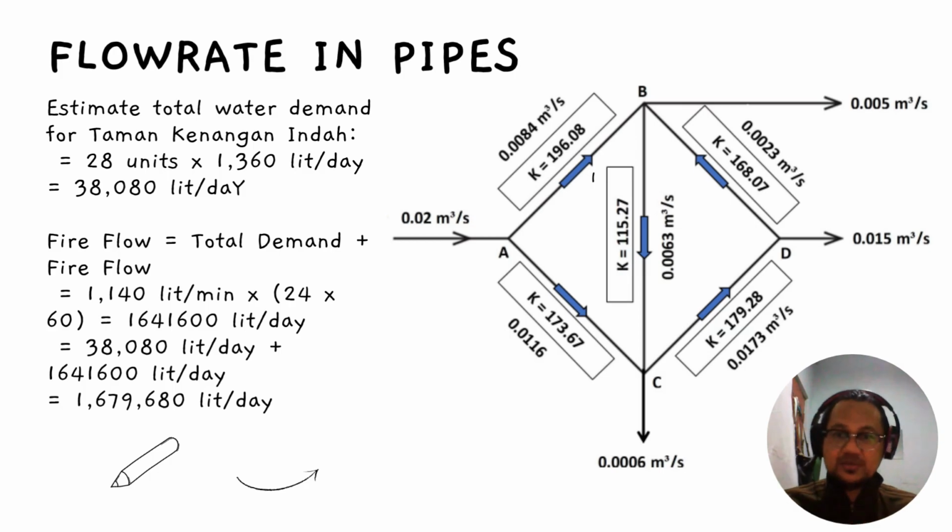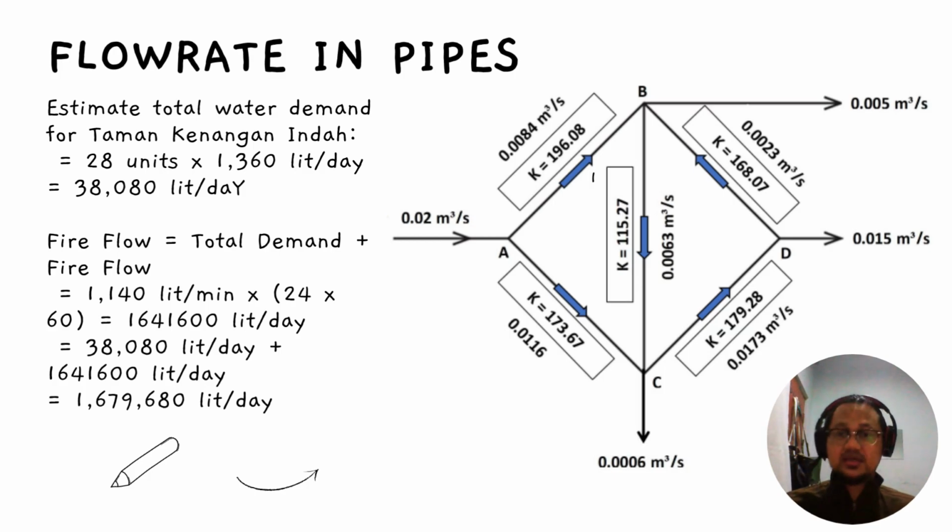Okay, in this slide, I will show you in short how we determine the flow rate in each pipe. First, after we create the detailed diagram of the pipe network, we use the Hazen-Williams equation to calculate the head loss in each pipe. Before we can calculate, we have to estimate the total water demand for Taman Kenanga Indah. As we know, there are 28 units of houses and 1,360 liters per day of average water demand. After we multiply the two figures, we get 3,000 liters per day.